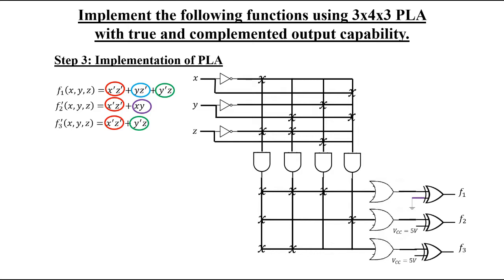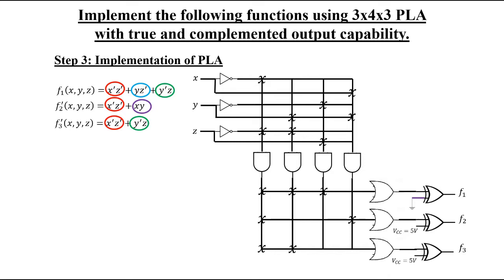An XOR gate is used to invert F1, F2 bar, and F3 bar to get a true output, which is F1 for F1, F2 for F2 bar, and F3 for F3 bar.